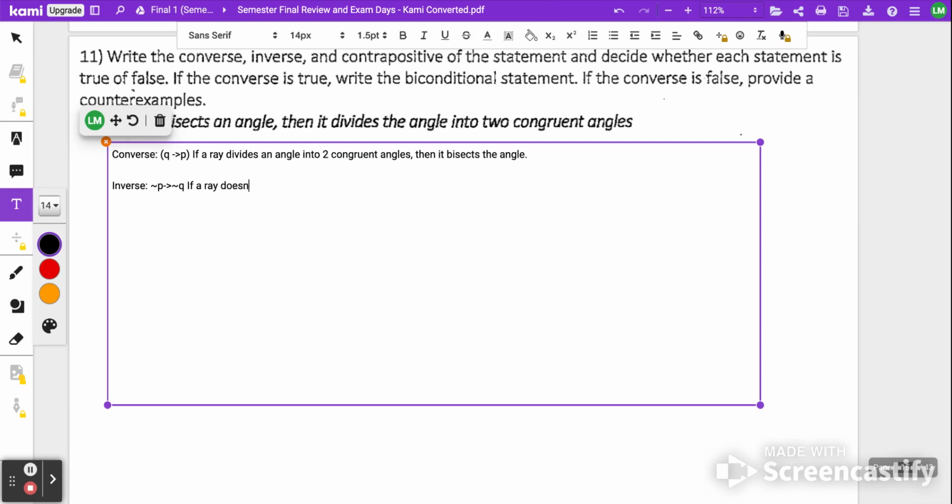If a ray doesn't divide an angle into two congruent angles, then it doesn't bisect the angle.